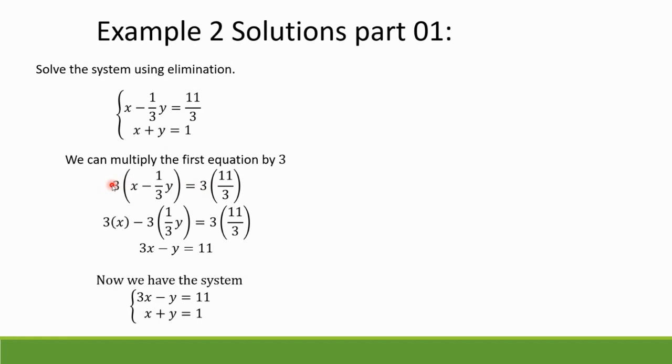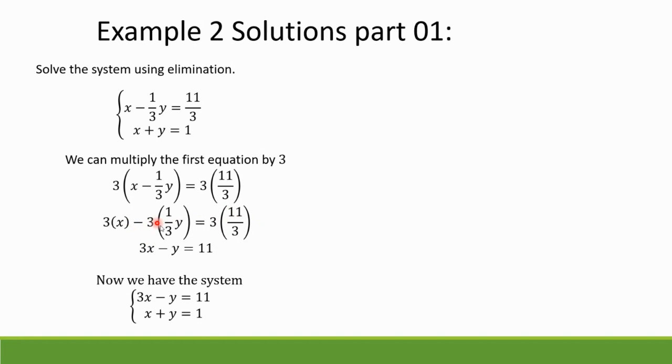Doing so, once we distribute, which is what I'm doing here, we get 3 times x minus 3 times 1 over 3 times y equals 3 times 11 over 3, as you can see. And so we get 3x.